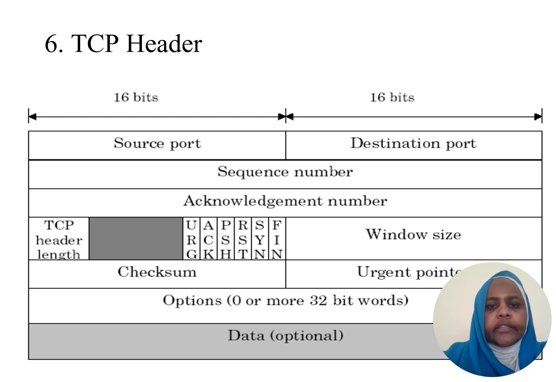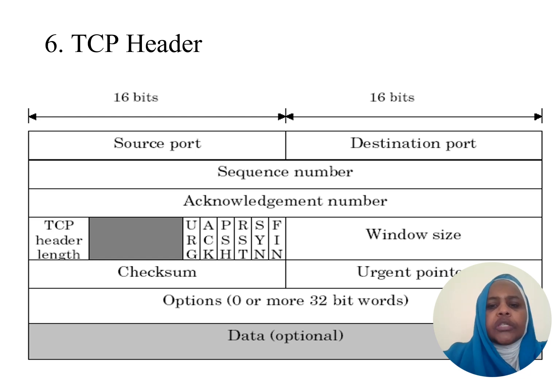The TCP header consists of a 16 bit source port, a 16 bit destination port, a 32 bit sequence number, a 32 bit acknowledgement number, TCP header length, flags, window size, a checksum for the whole header and data, and an urgent pointer to indicate this data is urgent and shouldn't be buffered.